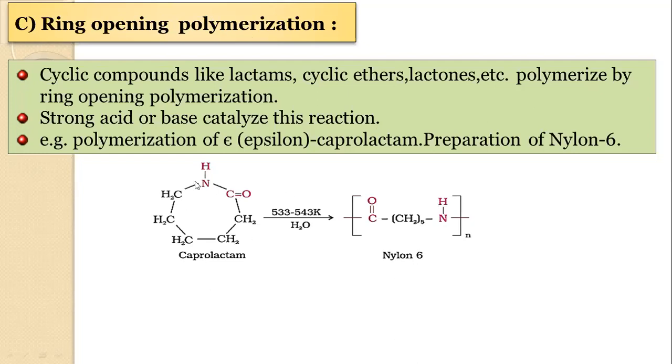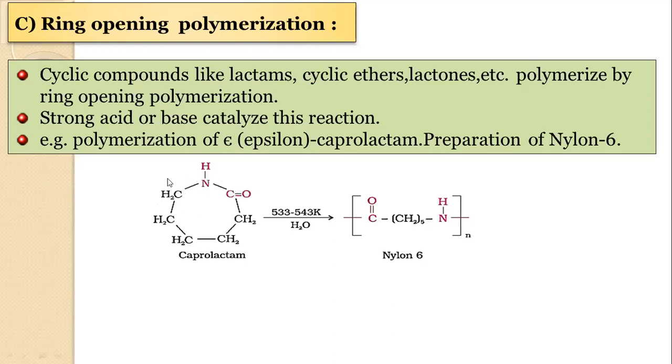So this is a caprolactam, and this is a specific caprolactam, epsilon caprolactam. So what is meant by epsilon? This is a Greek letter like alpha, beta, gamma, delta, and the next one is epsilon. So epsilon caprolactam has 7 members in the ring. See here, 1, 2, 3, 4, 5, 6, 7.